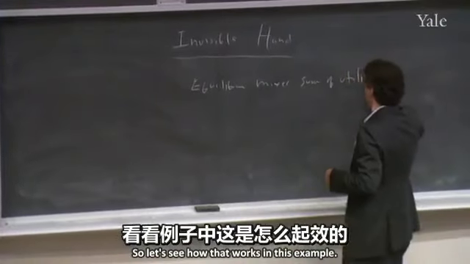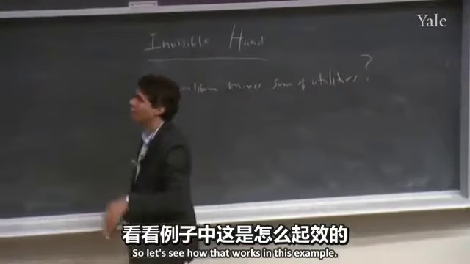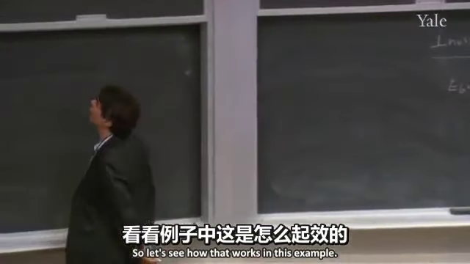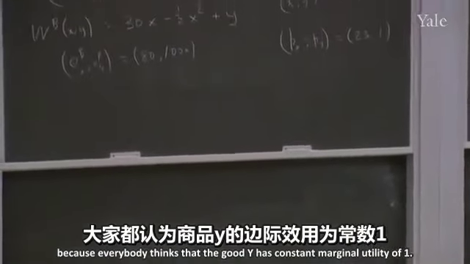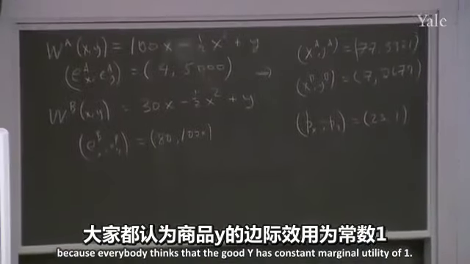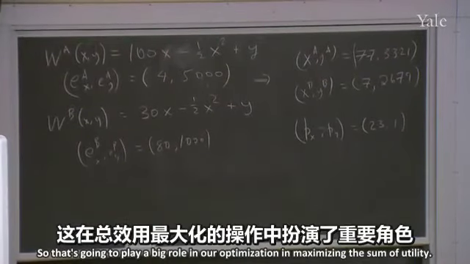So let's see how that works in this example. So this example is very special because everybody thinks that the good y has constant marginal utility of 1. So that's going to play a big role in our optimization in maximizing the sum of utilities.